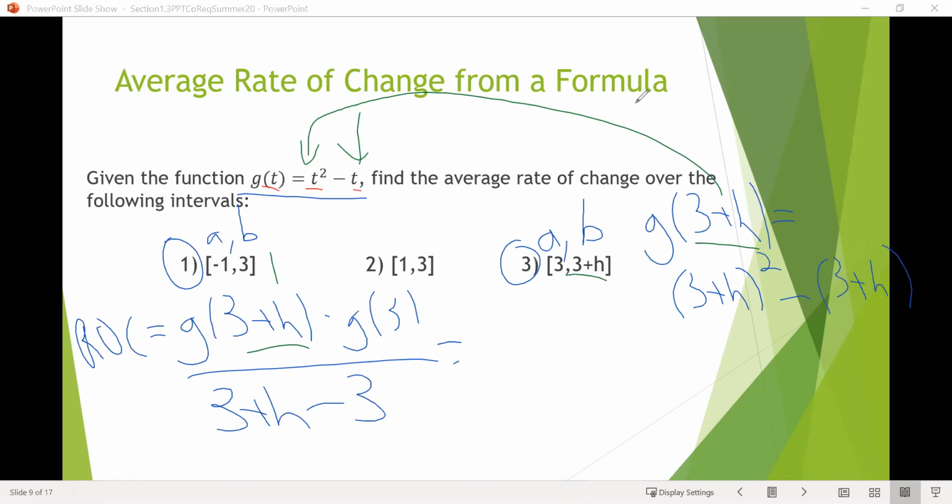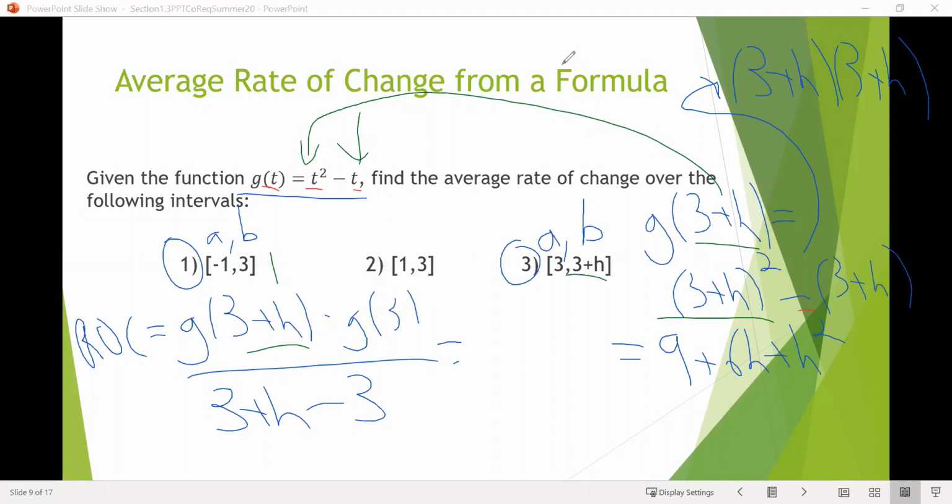This 3 plus h squared, notice that is the same as 3 plus h times 3 plus h, which we talked about in our prereq practice. So we'd have to FOIL that out, and I'm not going to go through all of that right now. But if you do that, you should end up with 9 plus 6h plus h squared.